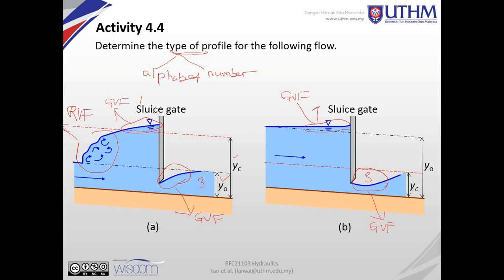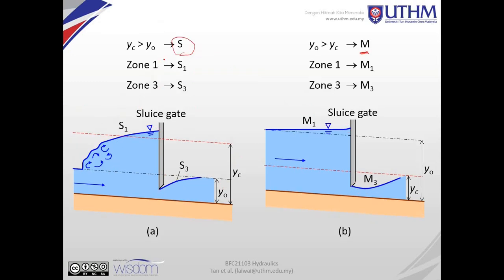Therefore, we can combine alphabet and number together to form the name for the type of GVF profile. For the first case here, we have S1, S3, M1 and M3.